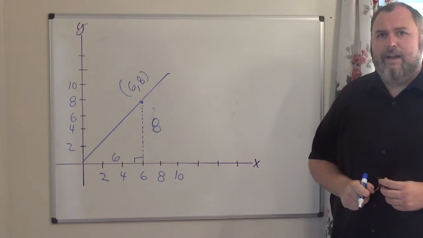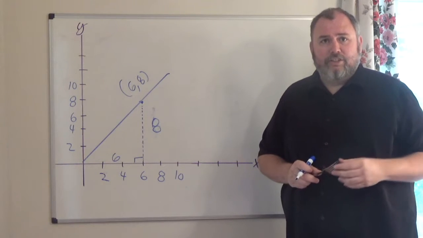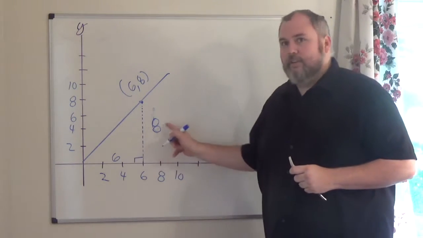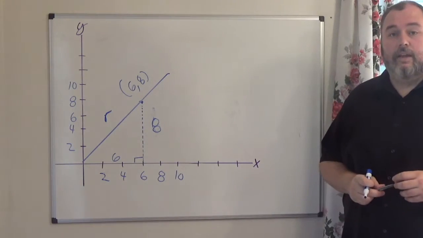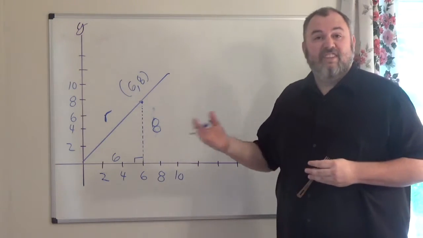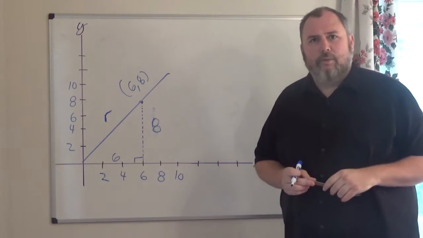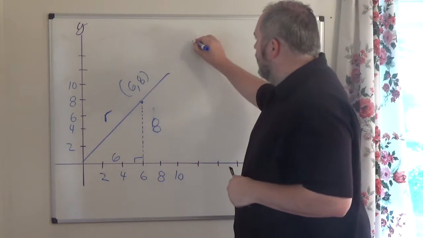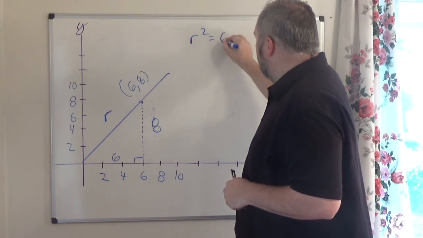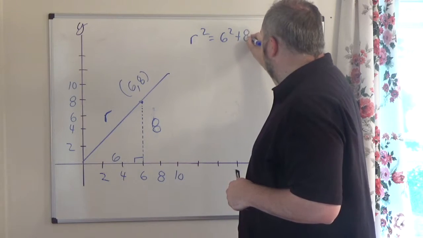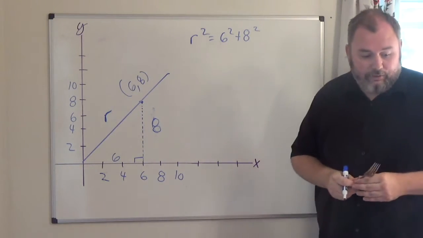So the job that we have to do first, before we can find any of the actual trig functions, is to label these two and then find out what r is. Okay, so how do we find r? Well, since this is a right triangle, we use the Pythagorean theorem. r squared is equal to 6 squared plus 8 squared. All right, so let's solve for this.